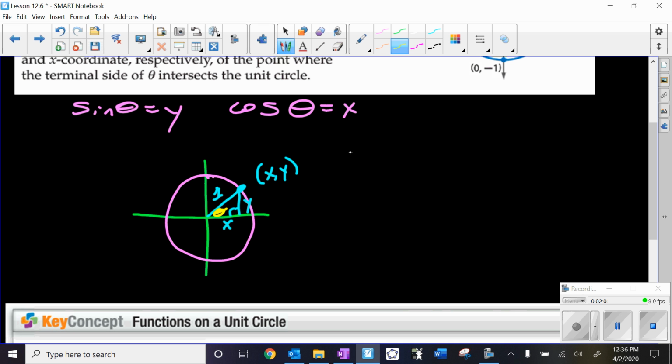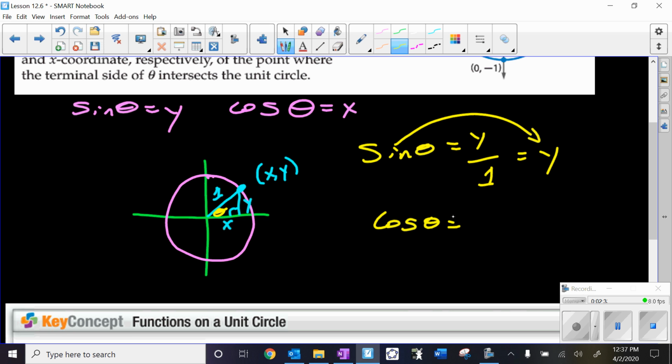So if I say sine, let's deal with sine of theta first. We know that sine of anything is opposite over hypotenuse. So y over 1, which is just y. That's the idea. That's how we get from sine of theta equaling whatever the y value is if we're dealing with a unit circle.